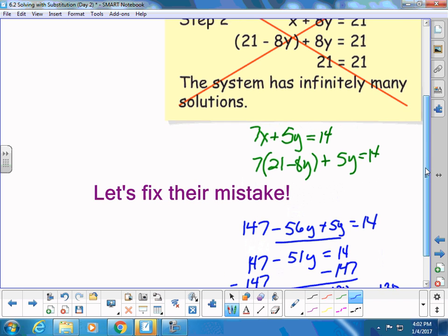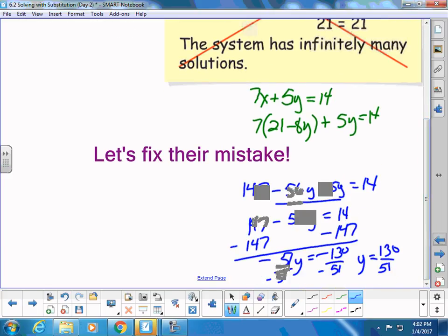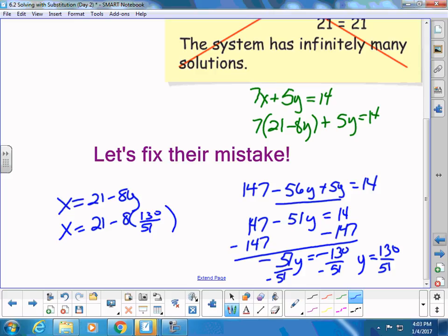Somewhere on there we had x equals 21 minus 8y. So x would equal 21 minus 8 times 130 over 51. And, let's see, 130 divided by 51 times 8. Yeah, this is an ugly number.